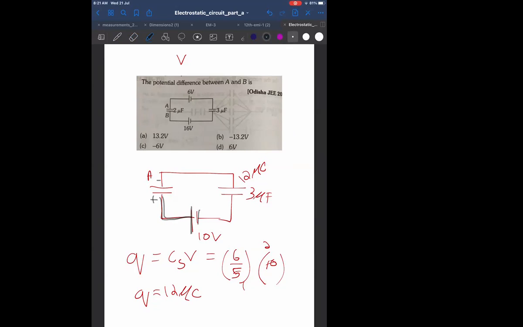So can I say between A and B, it is negative? Are you getting it? Here it is like this. Because here it is negative. So negative, this will be positive. Now can I say A is at a negative, B is at a positive. Therefore, A and B will be negative 6. Is that what you're trying to say?